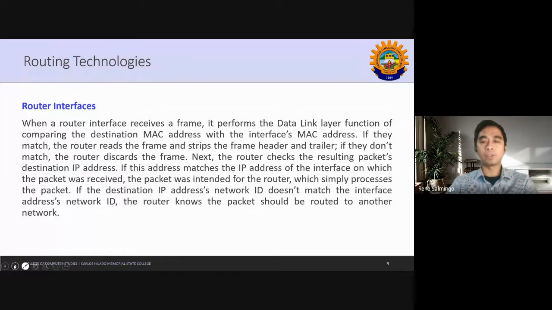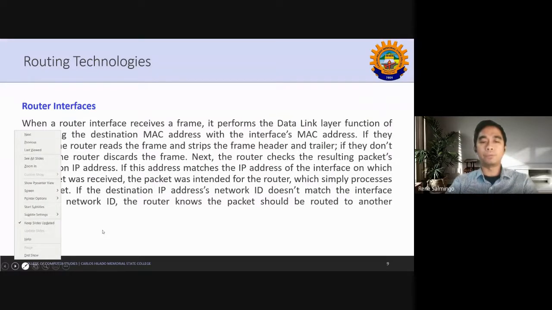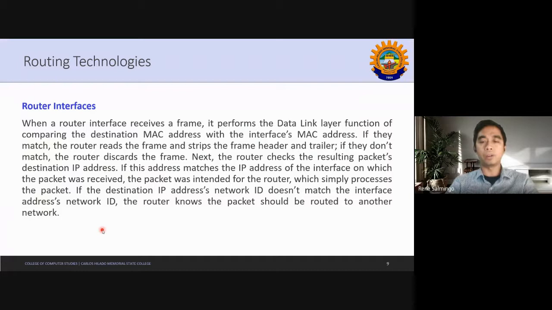The router next checks the resulting packet's destination IP address. If this address matches the IP address of the interface on which the data was received, the packet was intended for the router. Otherwise, we simply strip off the packet and check whether it has a match of the IP address, and in such a case, the router knows the packet should be routed to another network.